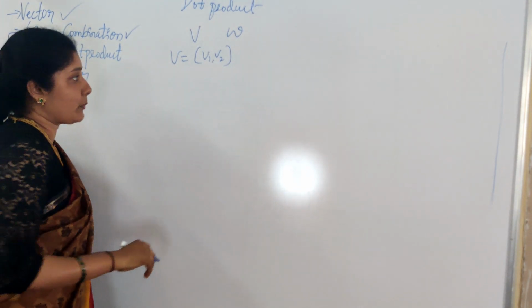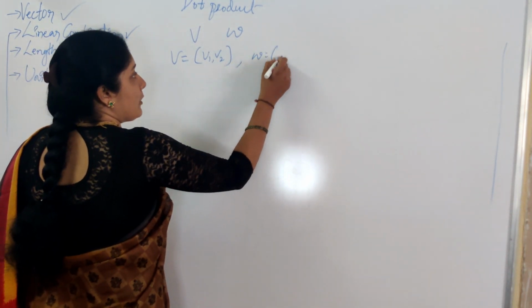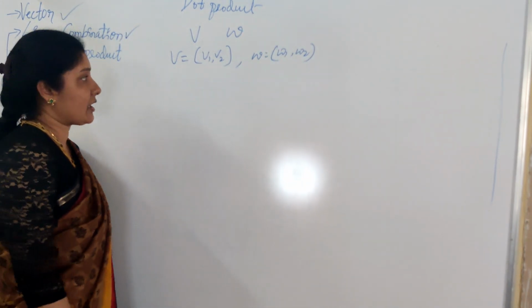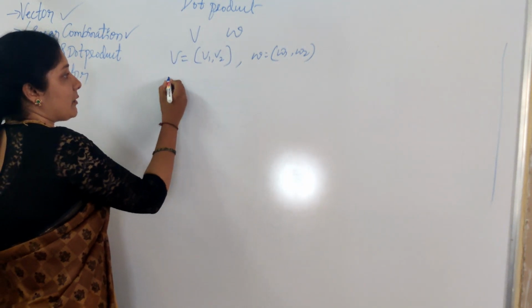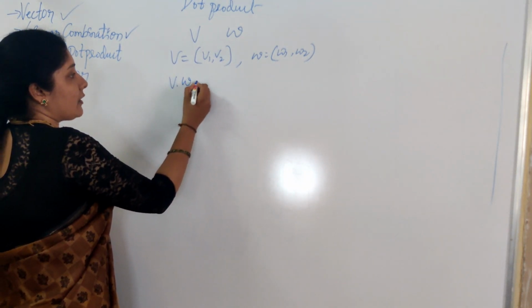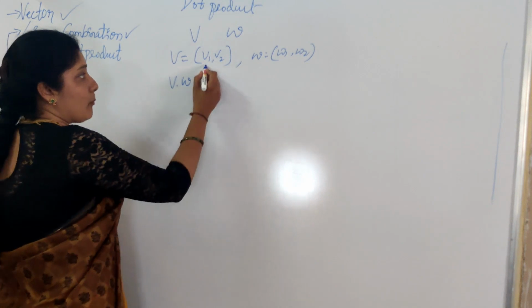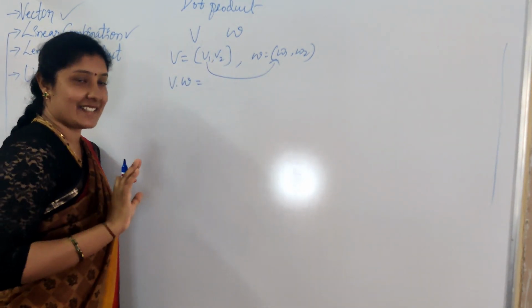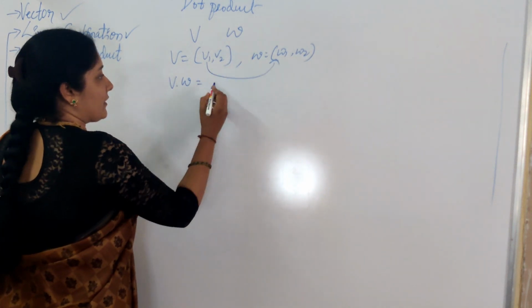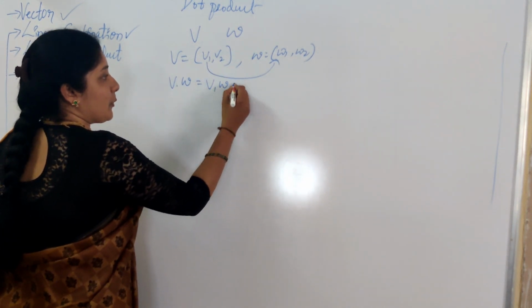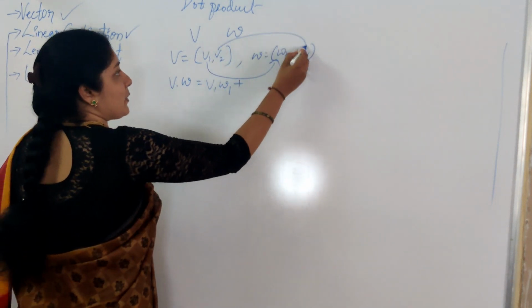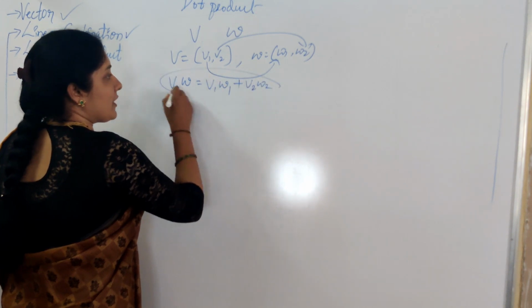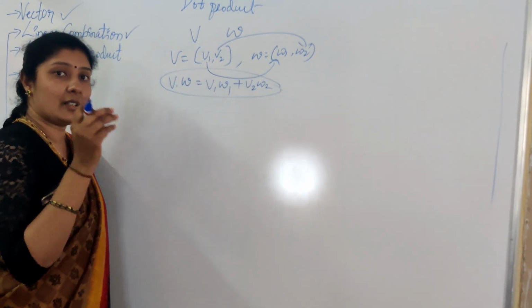These are the elements of the vector v, and similarly w is w1 and w2, the elements of the vector w. Now the dot product v dot w is equal to multiplying the corresponding elements of both the vectors, that is v1 into w1 plus the next corresponding elements, v2 into w2. This is called the dot product.